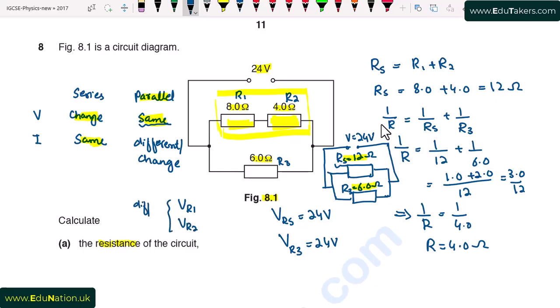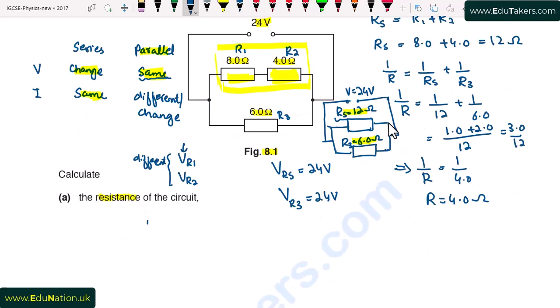These are not same. And we have to find out the value across first resistor. R1 is equal to 8.0 ohm. R2 is equal to 4.0 ohm. And the series combination of both of these will be equal to 12 ohm, whereas the potential difference across this series combination is equal to 24 volt.